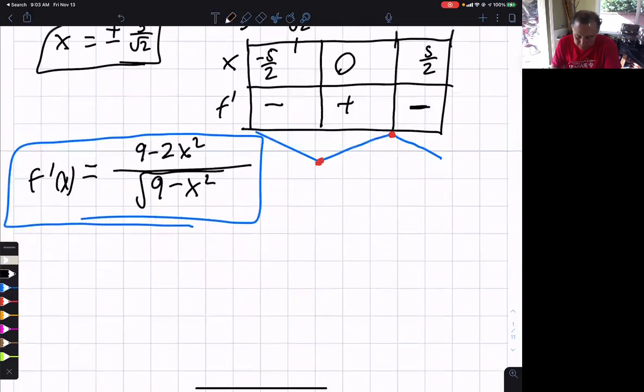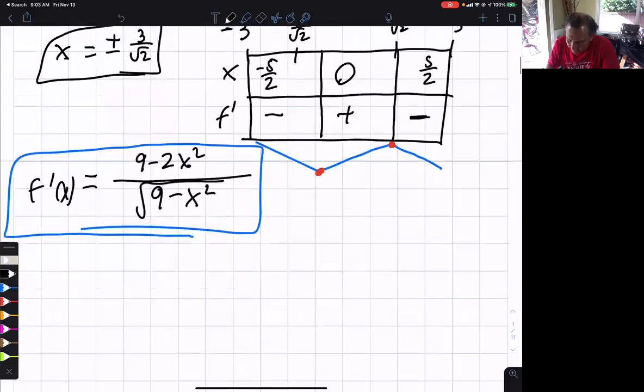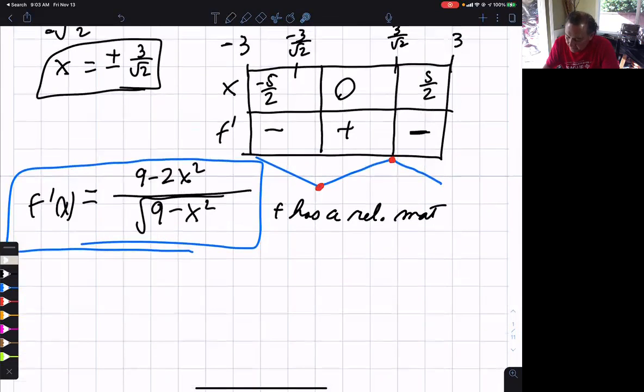I have to say F has a relative max. Where does it have a relative max? At this point, 3 over radical 2. Max at x equals radical 3 over 2.